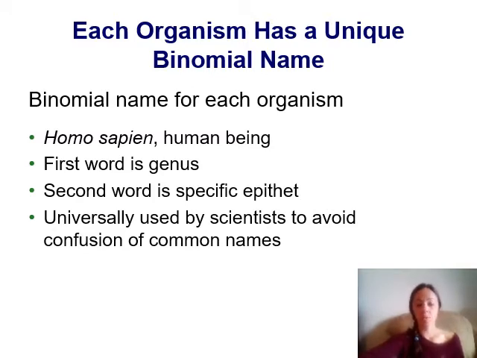Scientists will universally use a scientific name so that there will be no confusion when a scientist that uses one language is talking to another scientist that uses another language about a particular species.